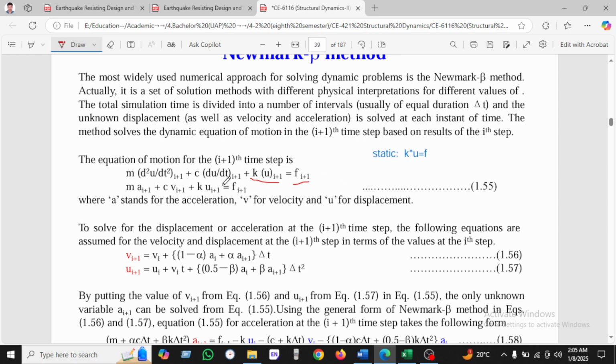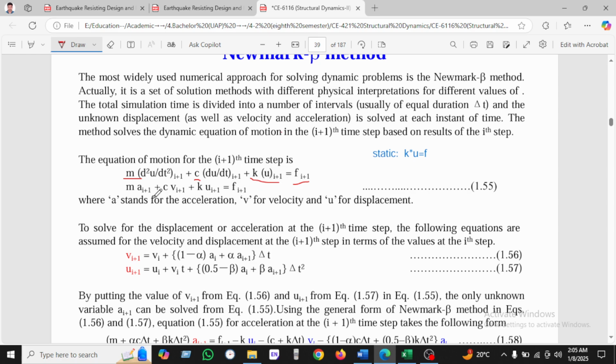This is the static portion, K U, and in the dynamic portion we have the damping C and the mass added. The mass term comes from the second derivative of displacement with respect to time, d squared U by d t squared, and the first derivative of U with respect to time gives the damping term.